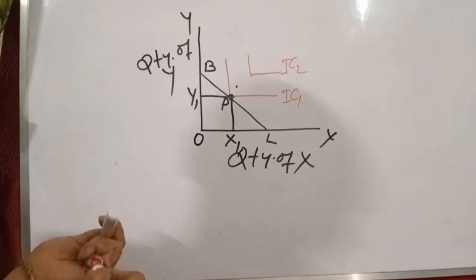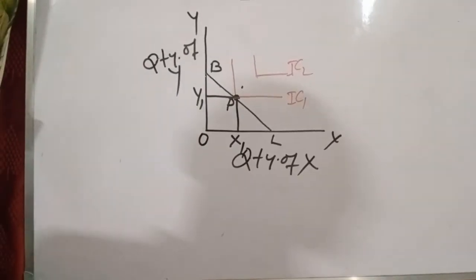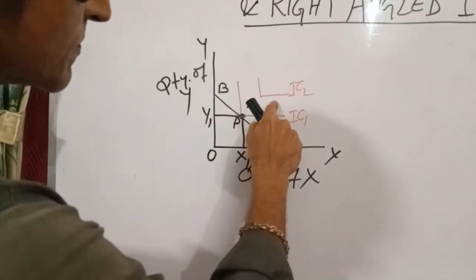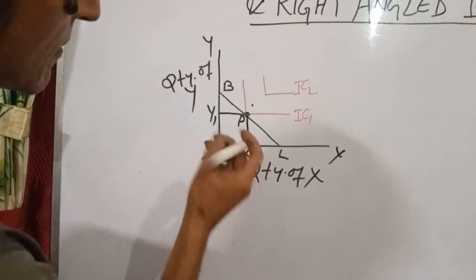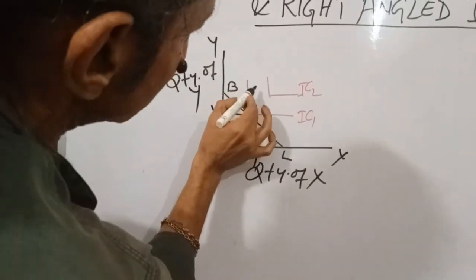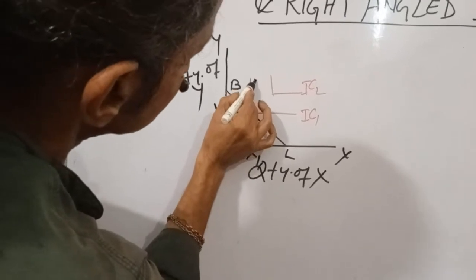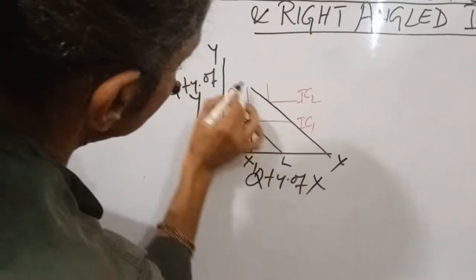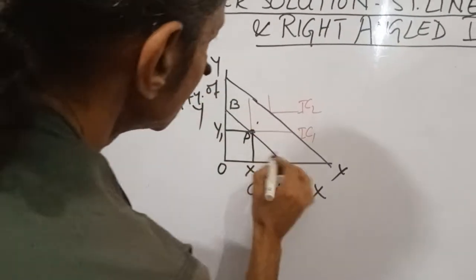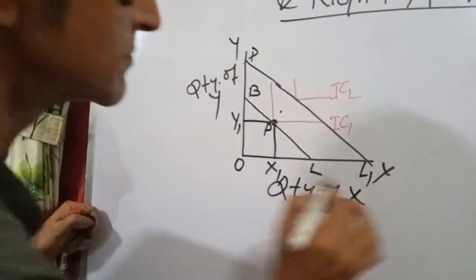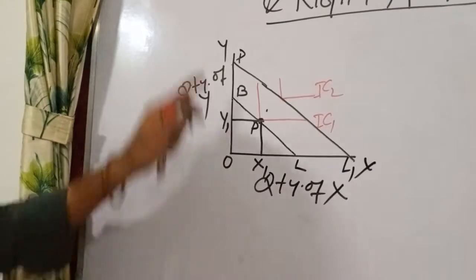If the income of the consumer increases, the consumer moves to the higher indifference curve IC2. When the money income of the consumer increases without any change in the prices of the commodities, the budget line will be parallel to the original one. Say this is PL1.